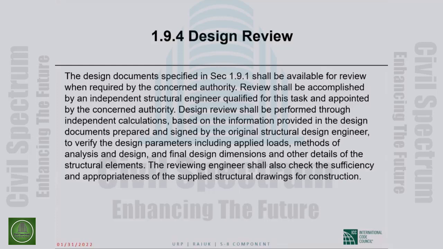Review shall be accomplished by an independent structural engineer, independent of the designer, qualified for this task and appointed by the concerned authority. So the reviewer shall be appointed by the concerned authority. Design review shall be performed through independent calculations. That's what the code says.